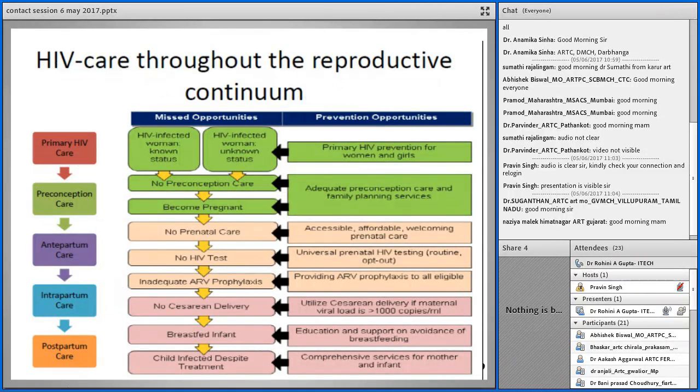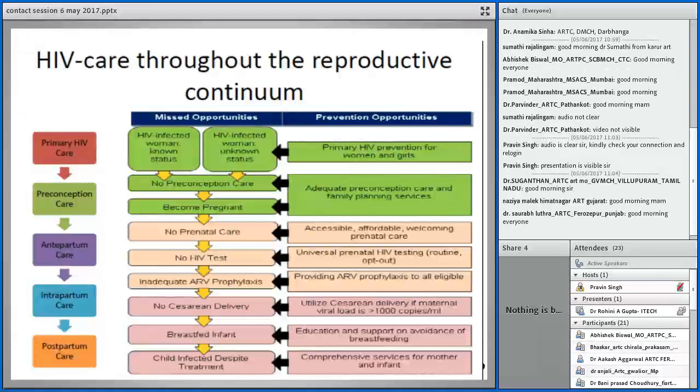So, what is HIV care through reproductive continuum? Basically, it is these steps, that is primary HIV care, preconceptional care, antepartum care, intrapartum care, and postpartum care. Now, where do we miss out? The missed opportunities are: an HIV infected woman with unknown status doesn't receive any preconception care and gets pregnant.